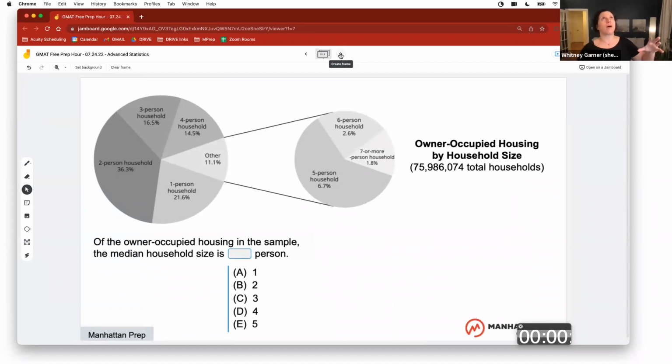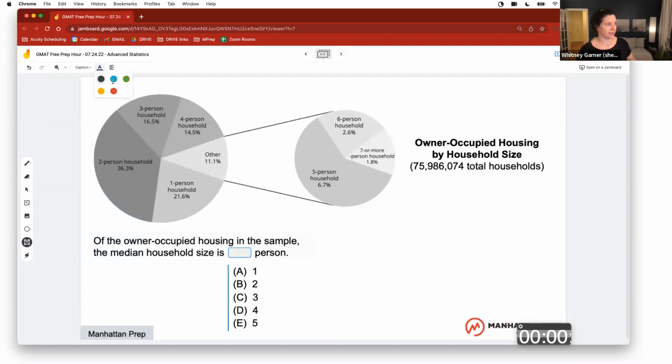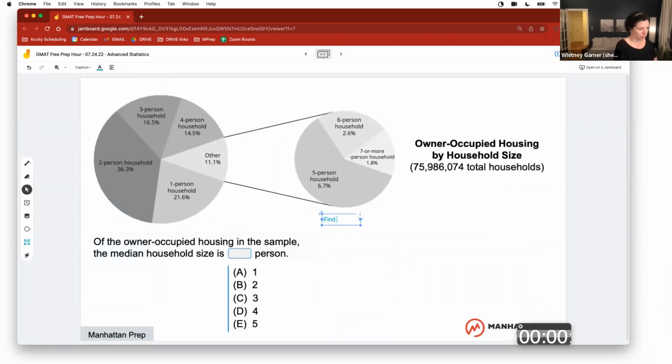So if you think about median, what I would do to find the median of anything is I have to order. So to find the median, I have to order the set by whatever characteristic I want to take the median of.